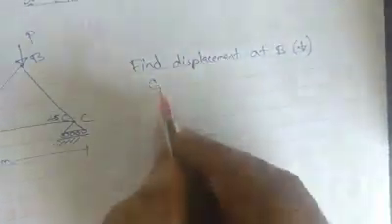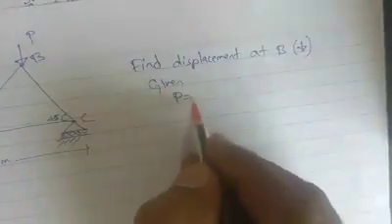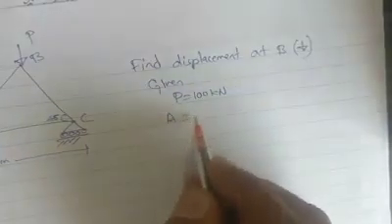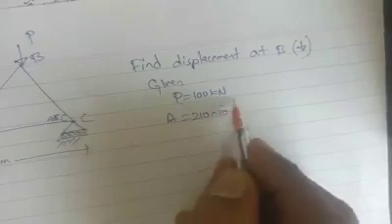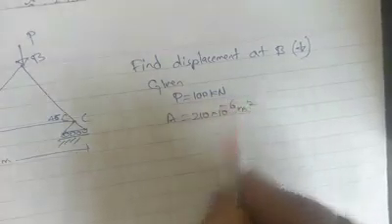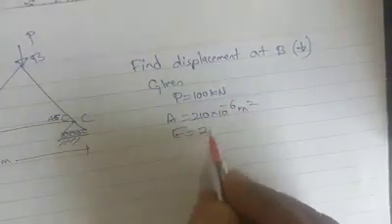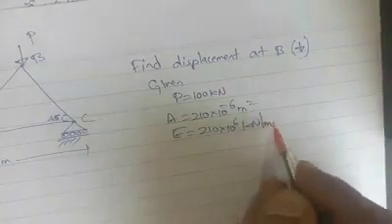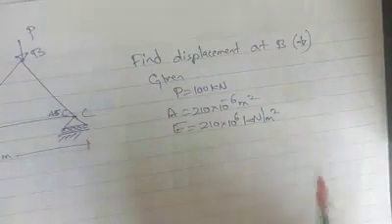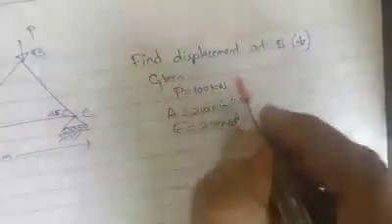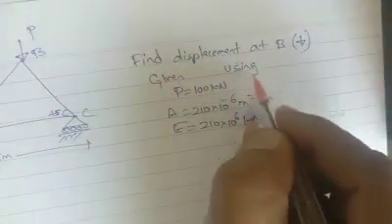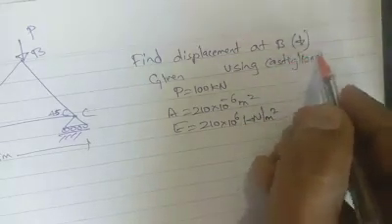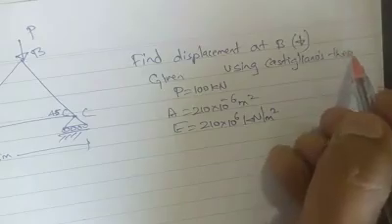And given is P equal to 100 kilonewton, area is equal to 200 into 10 to the power of minus 6 meter square, and EI is 210 into 10 to the power of 6 kilonewton per meter square, to find displacement at B using Castigliano's theorem.